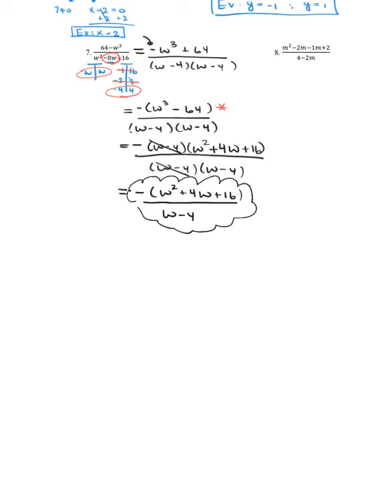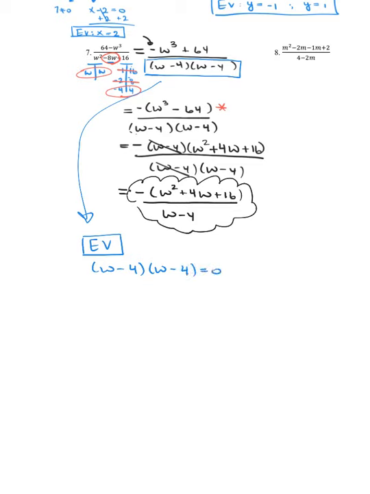Okay, and then excluded values, so let's go ahead and do that. I'll just steal some room down here. So for my excluded values, I'm going to take that original factored, so this one right here. And then set each factor equal to 0, but these are the same, right?